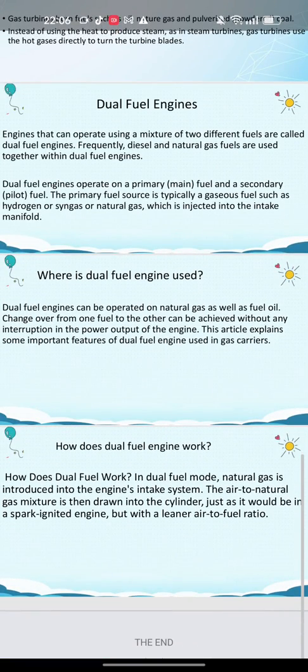So I will discuss the advantages and disadvantages of steam turbine and gas turbine, also the dual fuel engines. So the advantages of steam turbine. Since the steam turbine is a rotary heat engine, it is particularly suited to drive an electrical generator. The thermal efficiency of a steam turbine is usually higher than that of a reciprocating engine.